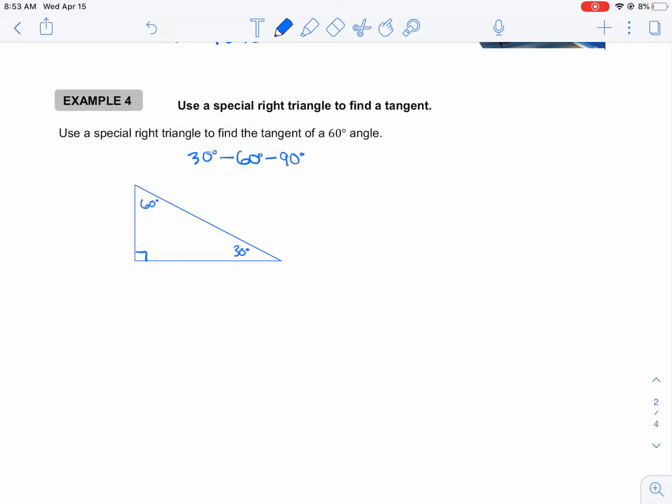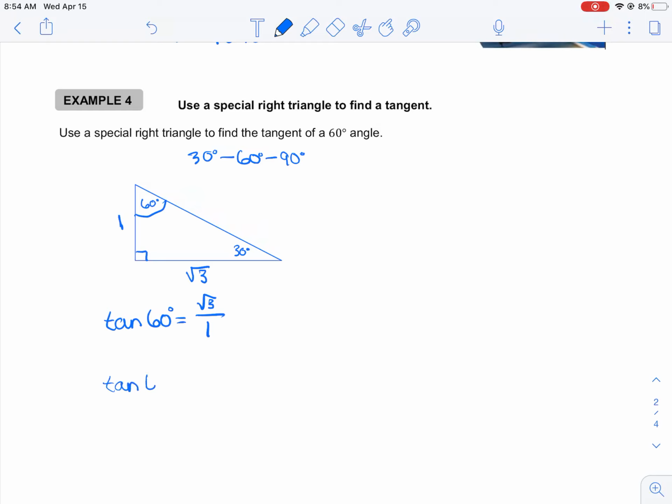So we could simplify it. Let's choose that this leg is 1. Then the rule was that the longer leg was the short leg times the square root of 3. So this was the square root of 3. So we want to find the tangent of 60. Tangent of 60 degrees equals opposite, which would be the square root of 3, over our adjacent, which is 1.